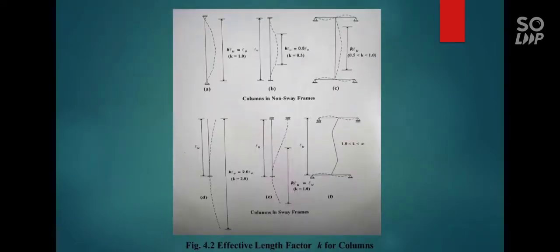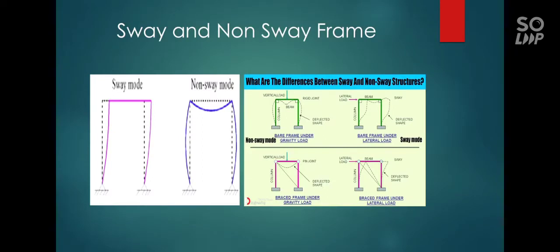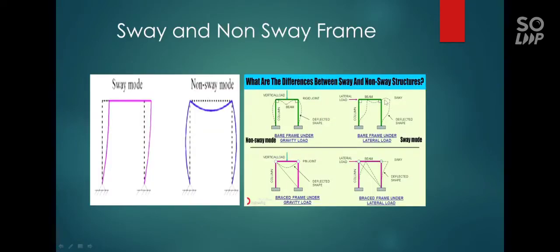So here is an example of non-sway frames and sway frames. Here is another example. The sway frame here has an unbalanced horizontal force, so it sways. If there is another horizontal force on the opposite side, it will become a non-sway frame because it is balanced.